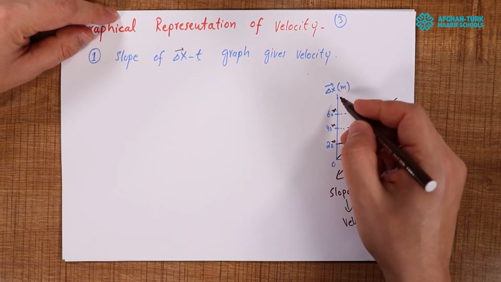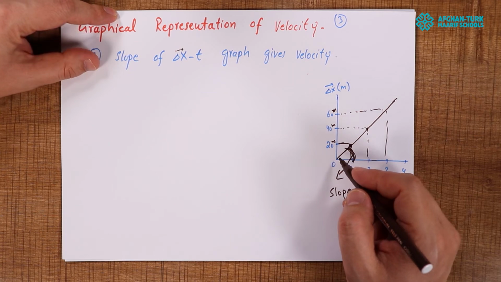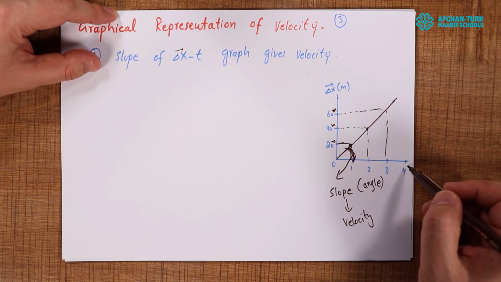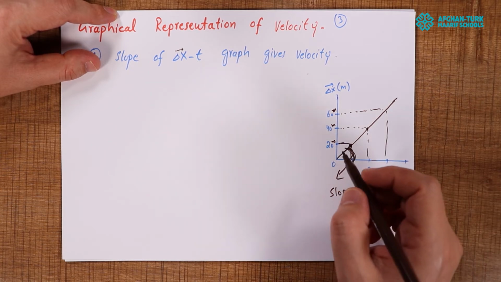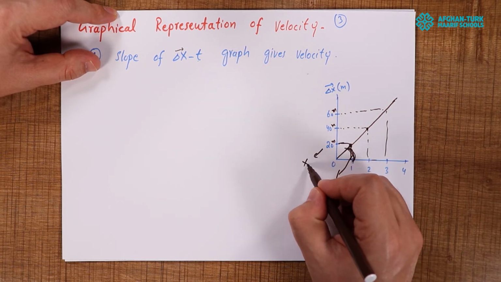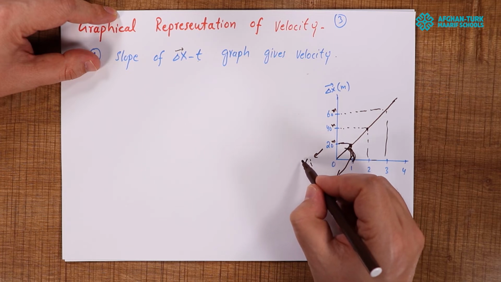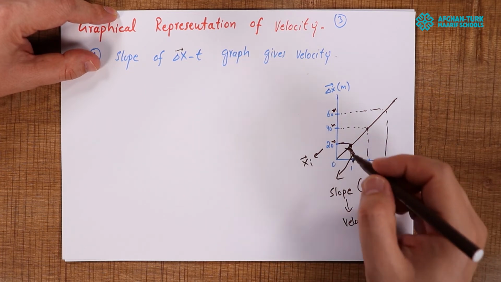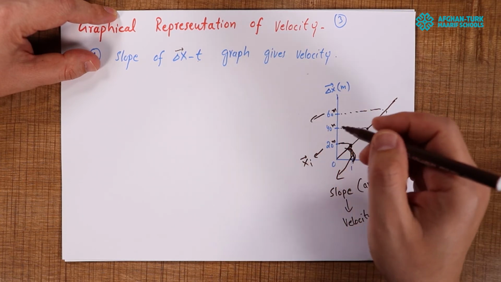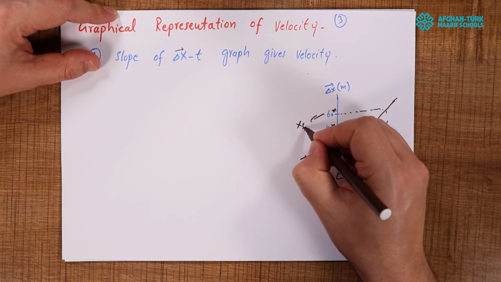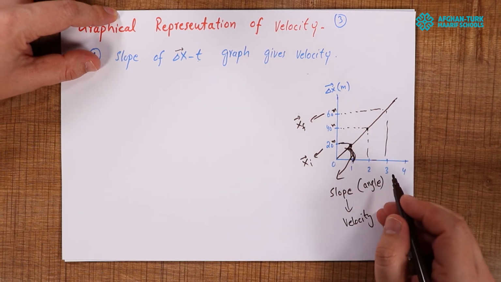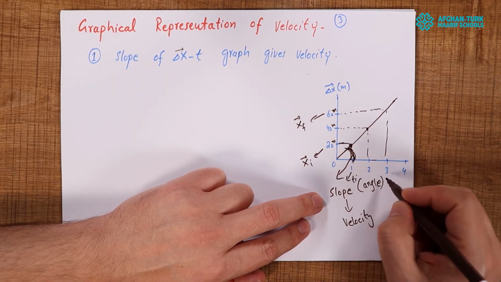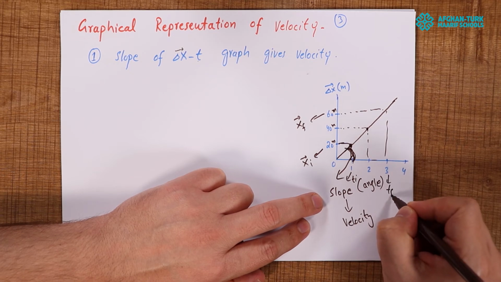Let's see here. This is the vertical side, this is the horizontal side. For example, in 1 second the initial position is 20, but the final position x of f is 60. In how much time? Let's suppose this is t of i, this is t of f.